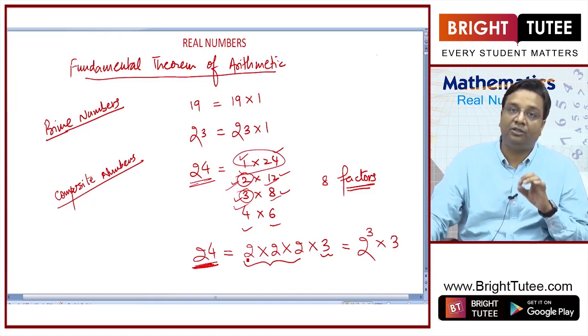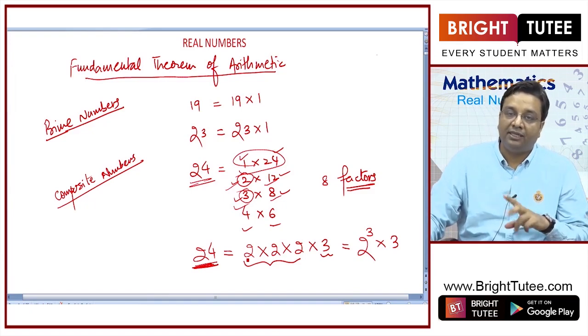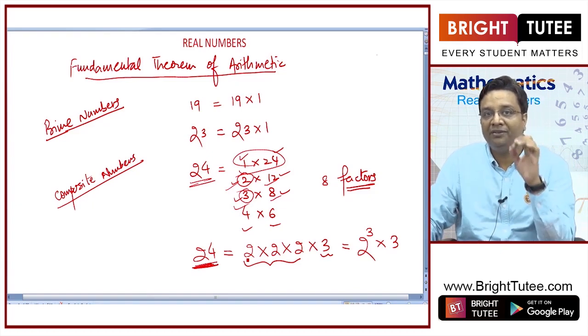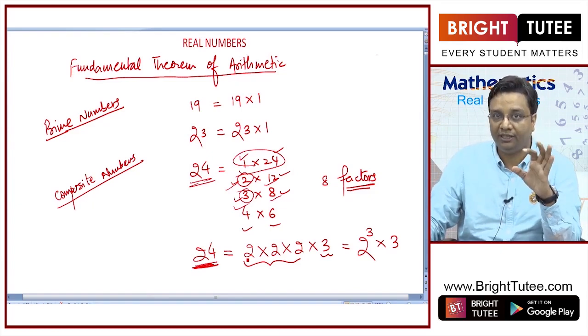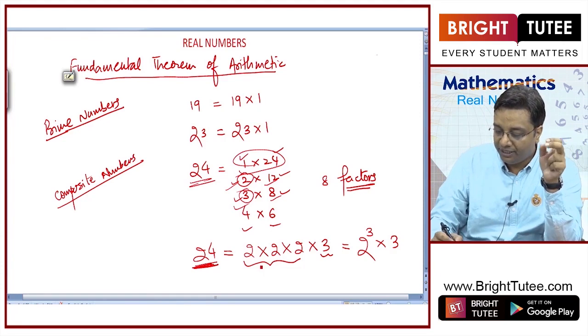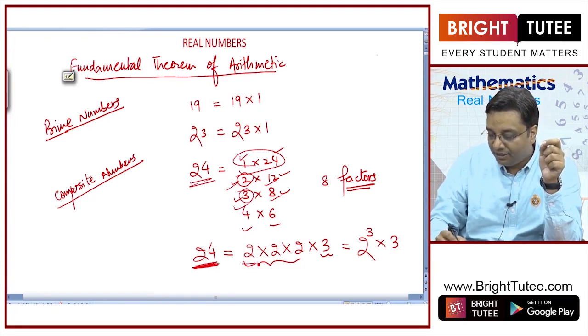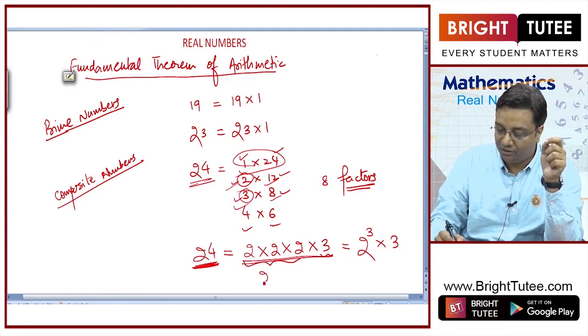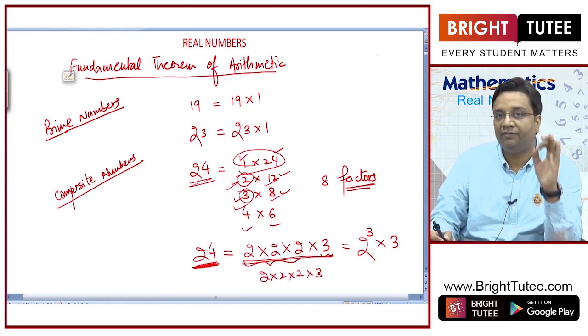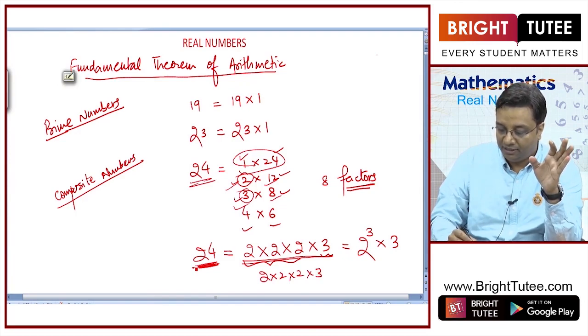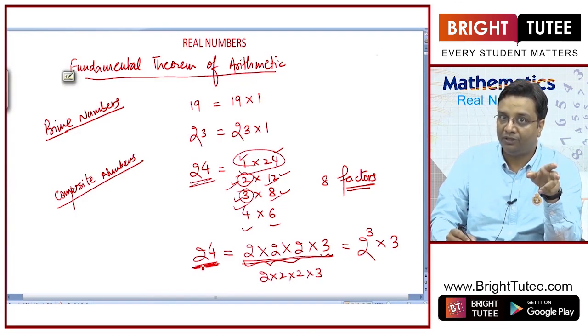And the fundamental theorem of arithmetic says that this prime factorization is always unique. What I mean is that 24 can always be factorized in prime factors like this: 2 into 2 into 2 into 3. This is the only factorization possible in terms of prime factors of 24.